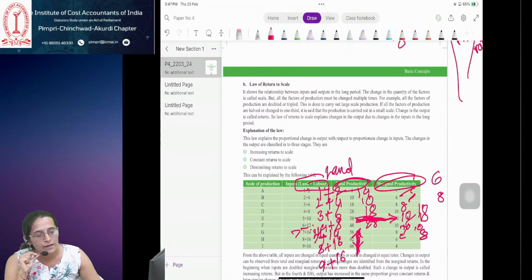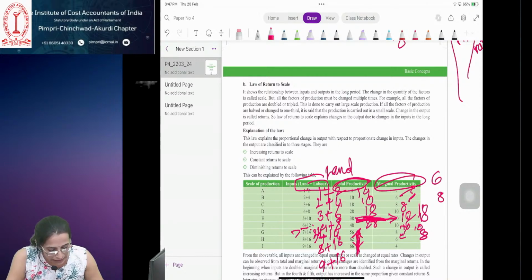So change in the input means that all factors of production are changing or only one factor is changing. In the law of returns to scale, all the factors or inputs are changing. But in the law of variable proportion, only one factor will vary and other factors will remain constant.